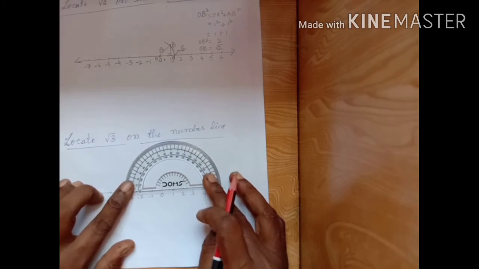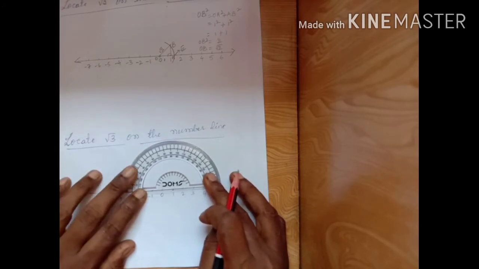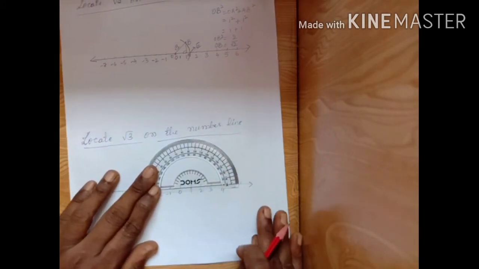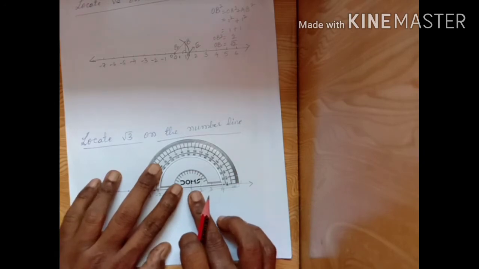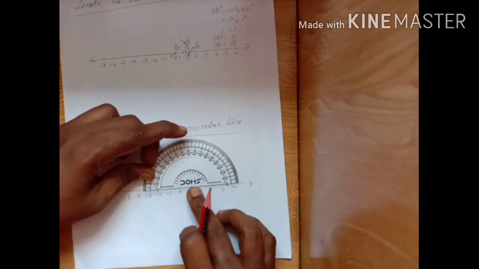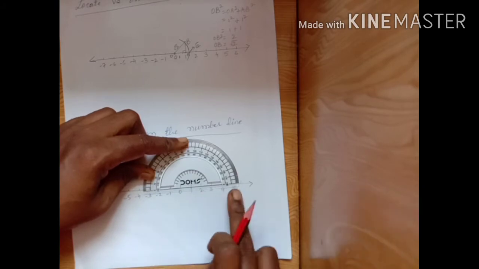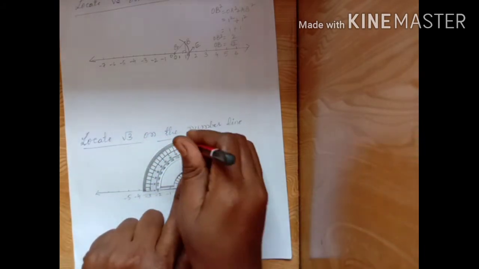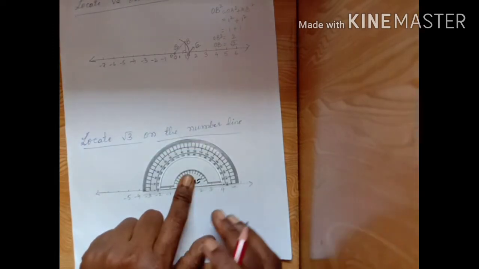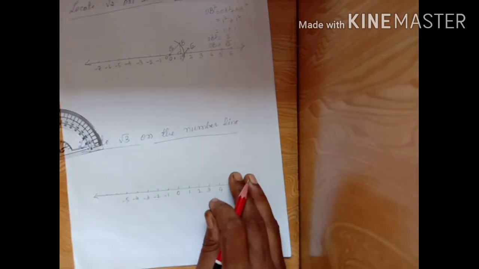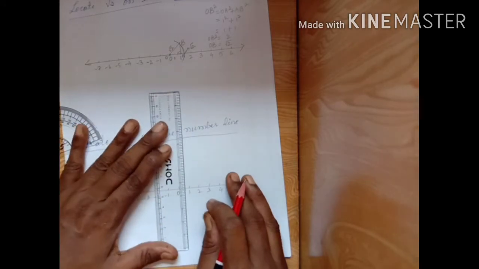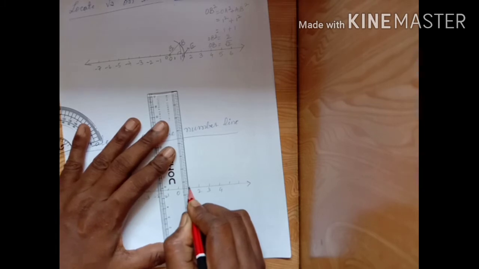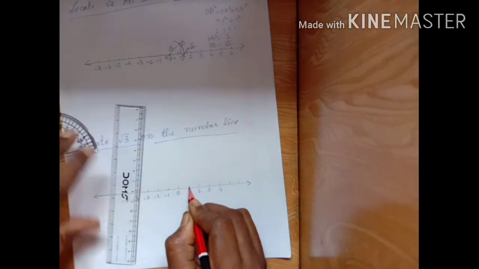Okay, so here 1 is there, no? On the number line 1 is there, is it not? So on 1, we have marked 1, is it not? Straight to that there. Okay, number line as a base. And then adjust the protractor and mark 90 degree. Okay, now after this take scale and then using this scale on 1, draw 1 centimeter.